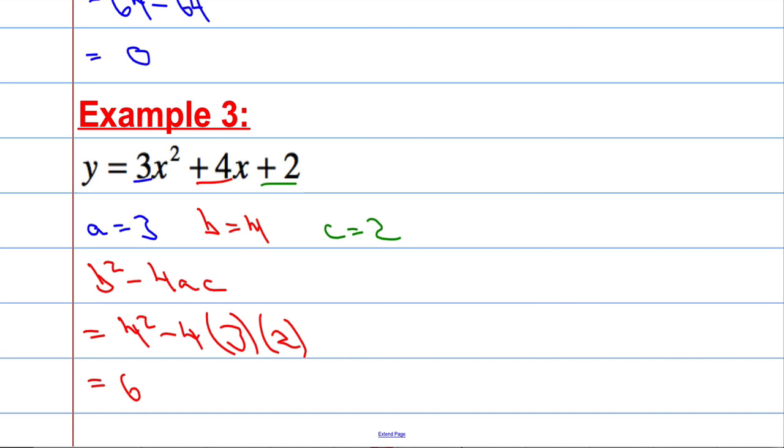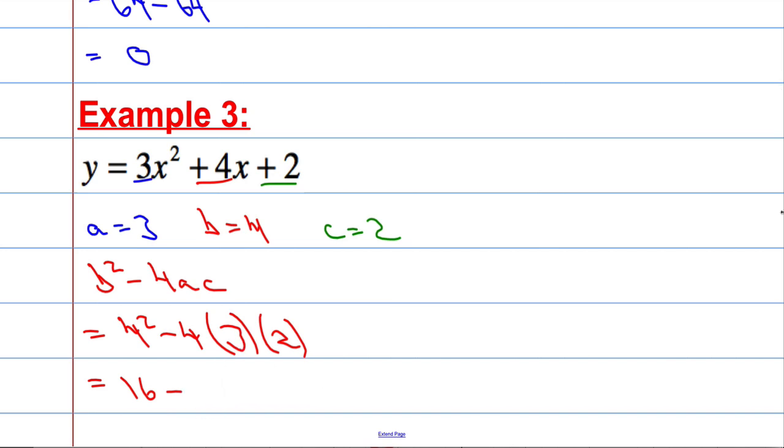4 times 3 is 12. I don't know why I've written down 4 squared is 64. Maybe I'm not awake. 4 squared is 16 on this planet. Where was I? 4 times 3 is 12, and 12 times 2 is 24.